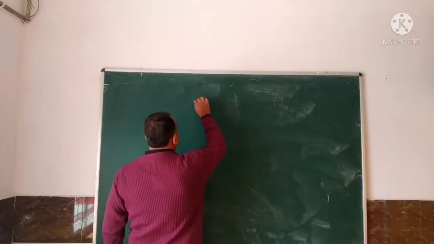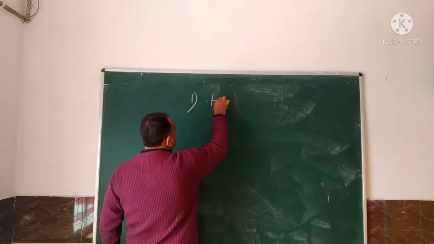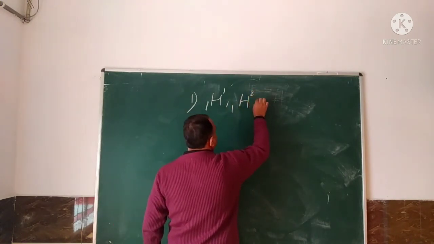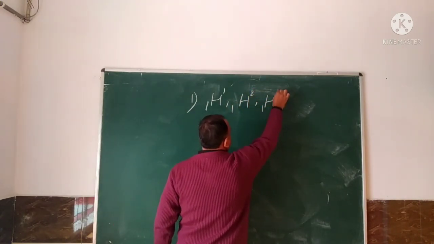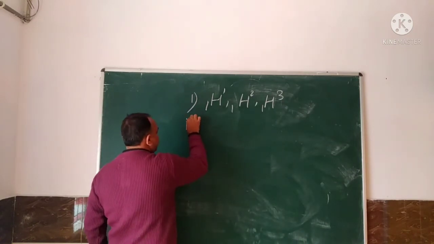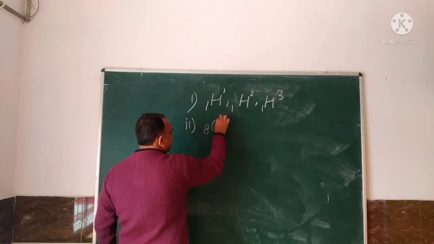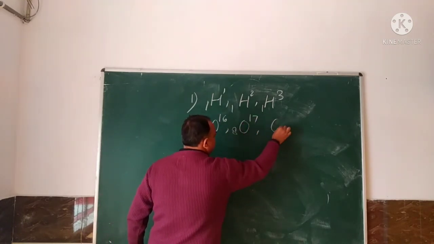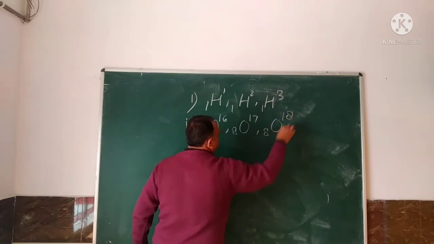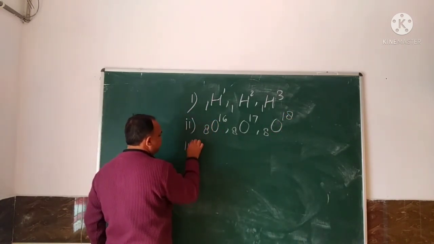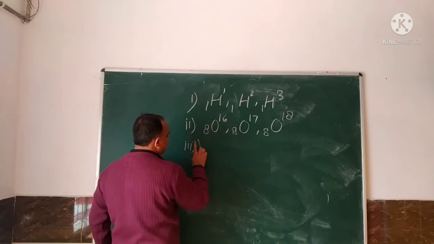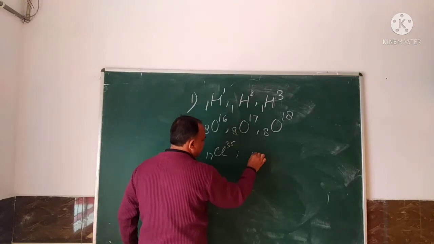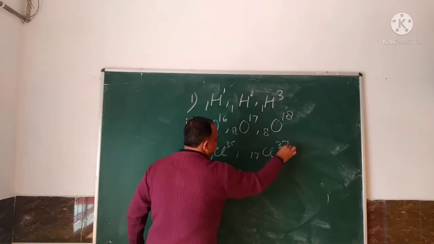What is the next one? Firstly, everyone find out the number of electrons, protons, and neutrons in these. Second, we have oxygen 8, 16, oxygen 8, 17, and oxygen 8, 18. Then we have the third example, that is Cl 17, 35 and Cl 17, 37.